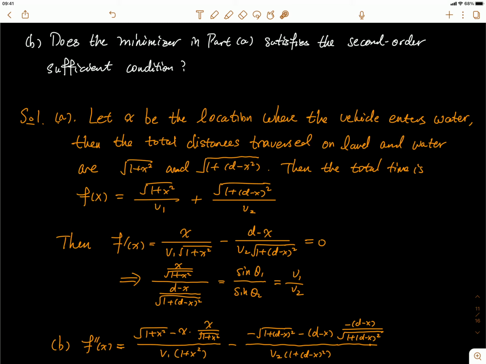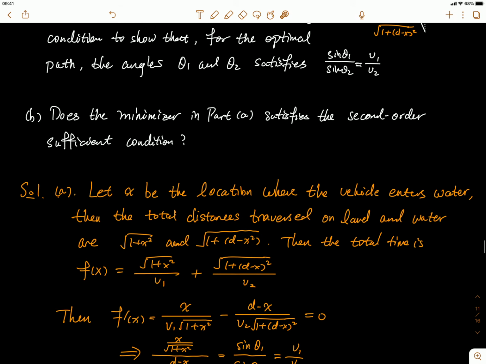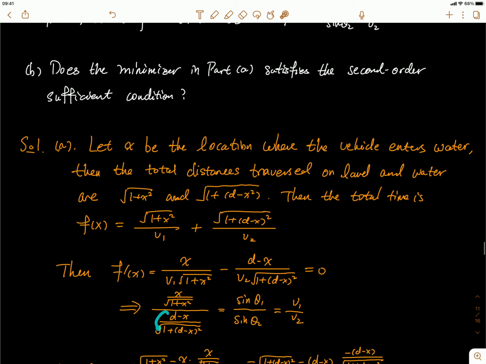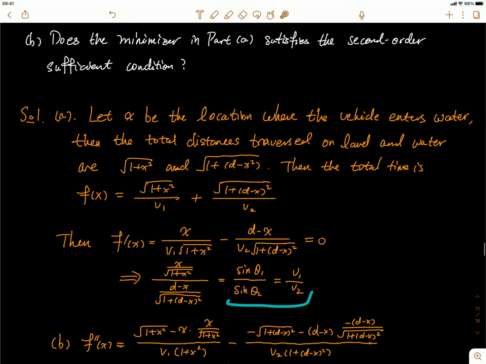Notice that this numerator is x over the root of 1 plus x squared, and that is exactly the sine of theta 1. Similarly, the denominator gives us the sine of theta 2. So when we reach the optimal point x, where f prime equals 0, the corresponding sine theta 1 and sine theta 2 satisfy this equation. That's the first part of the question.